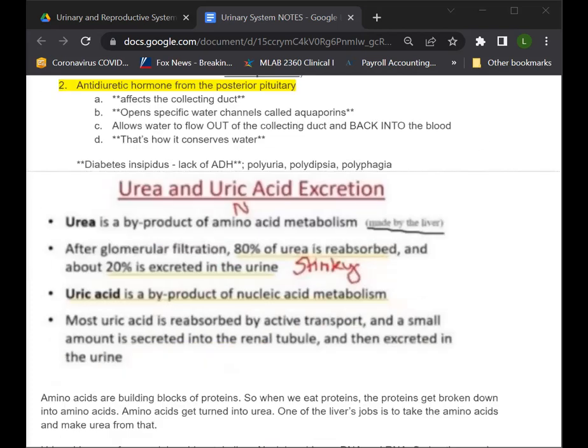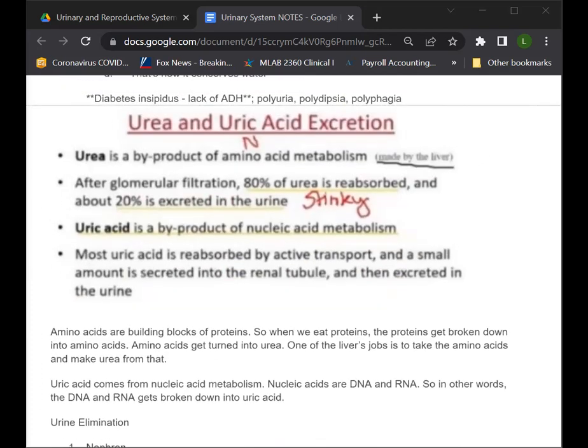Okay, now let's take a look at urea. Urea is supposed to be a byproduct of amino acid metabolism. And amino acids are supposed to come from proteins.